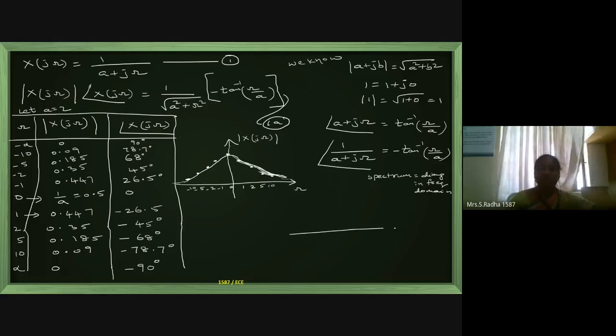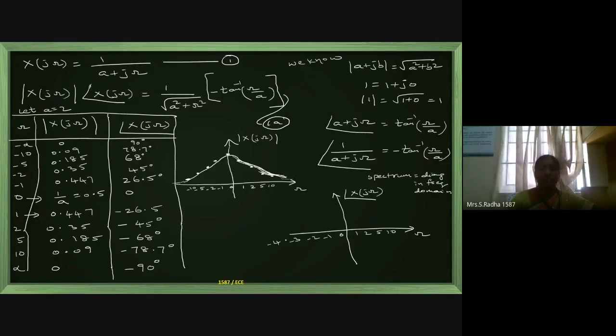Now coming to phase angle spectrum, x-axis is omega, first column, and I am going to draw the diagram between first column and third column. Third column is angle of j omega. First column we are having 0, 1, 2, 5, 10, infinite, minus 1, minus 2, minus 5, minus 10, and minus infinite.